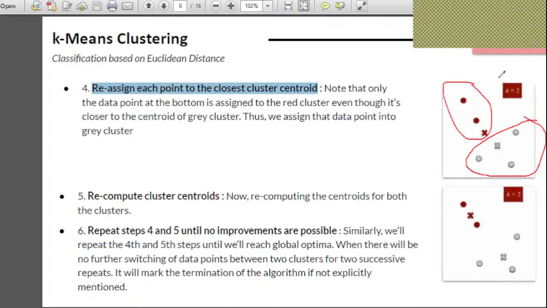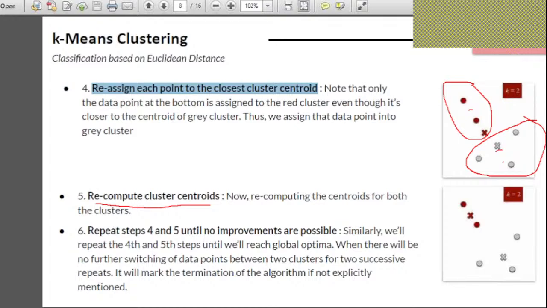Is that clear? And recompute the cluster centroids. Now I again recompute the centroids for these two and for these three. So this time my centroid comes here, and let's say this point.